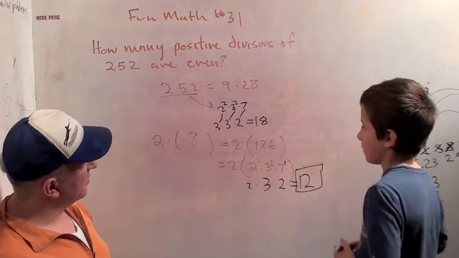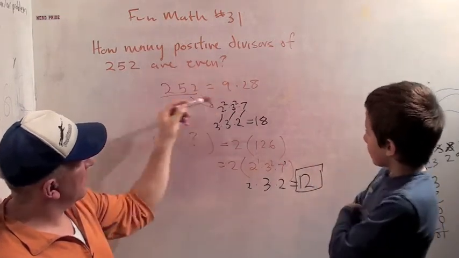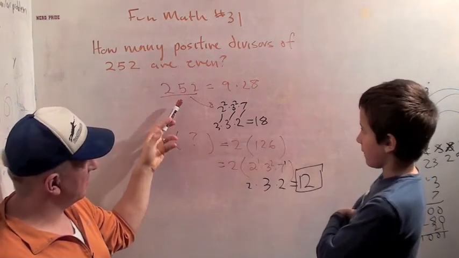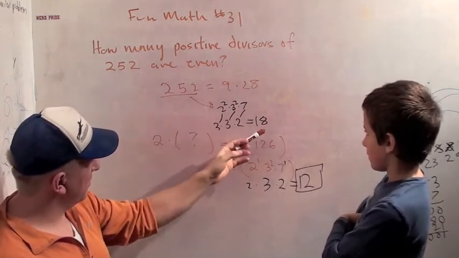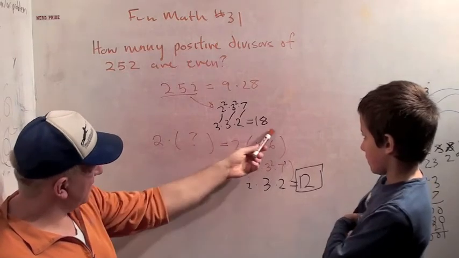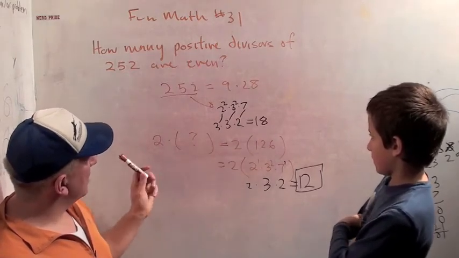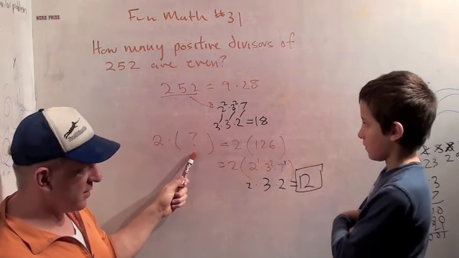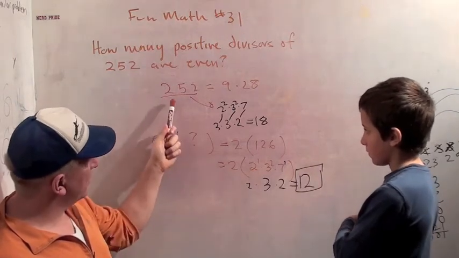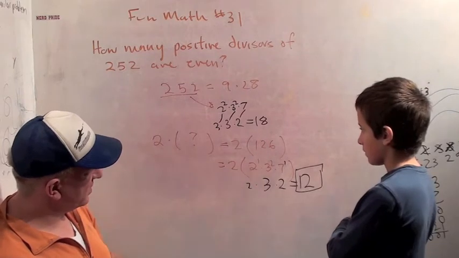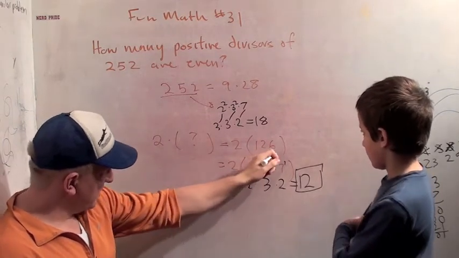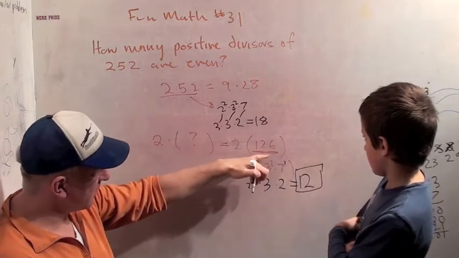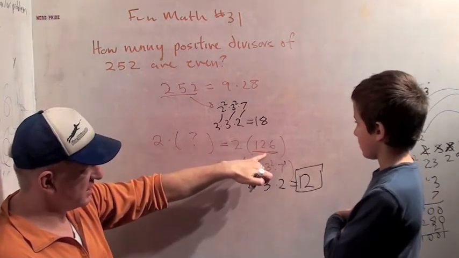Okay. We found there were 18 total divisors of 252. We didn't need to find that out. We just did that for fun to make sure we understood what was happening. Then we said, okay, there's 18 total divisors, and the even ones are going to be the divisors that are of the form 2 times something. Well, 252 is 2 times 126. So if a divisor of 252 is 2 times something, that something is going to be a divisor of 126.